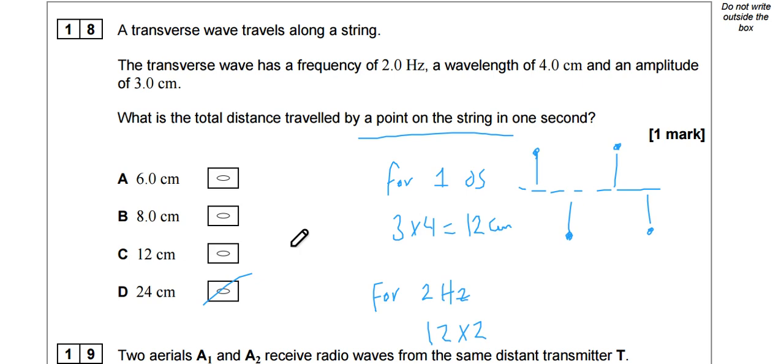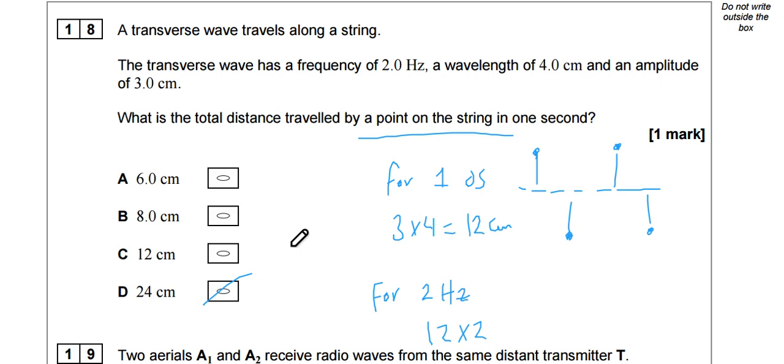Total distance traveled by a point on the string in 1 second. So it is not the distance traveled by the wave. Someone may say that we have frequency, we have wavelength, we can get speed. Okay, speed times 1 second gets us the distance, but it will be the distance traveled by the wave.